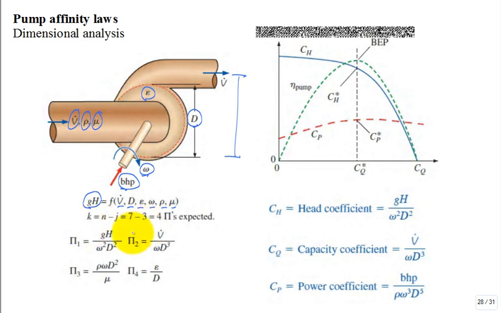But what you find is you get so many pi groups. Here's one of the pi groups that the textbook discussion has, which is out there in the vast majority of literature in fluid mechanics. Another pi group, another pi group, and another pi group. Well, this pi group you recognize already, right? Roughness, so that's relative roughness.